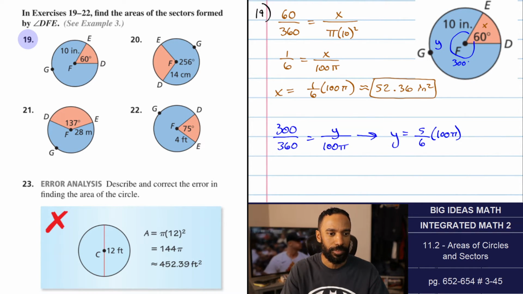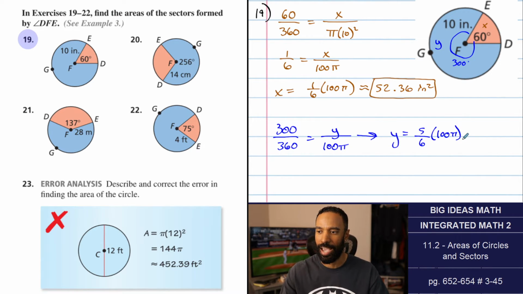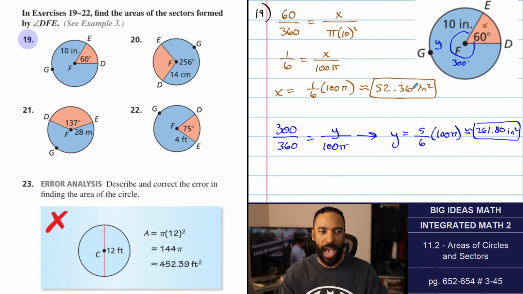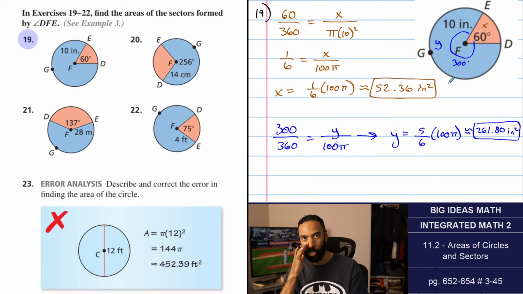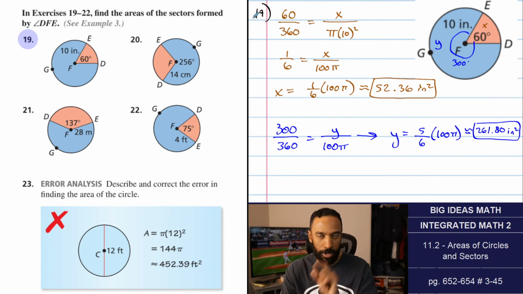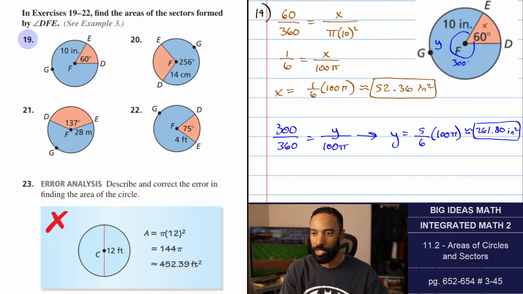Let's see what that is. Significantly bigger: 261.799, or 261.80 square inches. Now, these two added together should be the area of the entire circle, with maybe a little rounding error to the nearest hundredth.